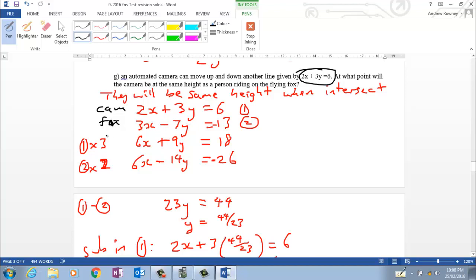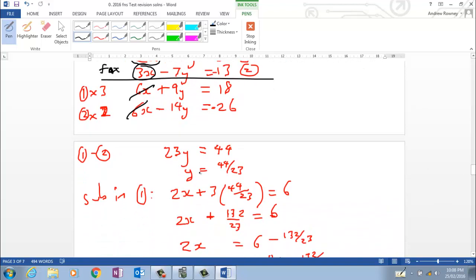Now, to use the elimination method, we want to eliminate one variable. We can eliminate x, so we need to get that to 6x and that to 6x, so that when we subtract them we lose it. To do that, you times the whole of the top by 3 and the whole of the bottom by 2, and so you get that equation there and that equation there. When you subtract them, the 6x goes and you get y equals 44/23.